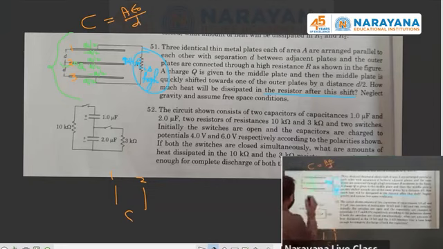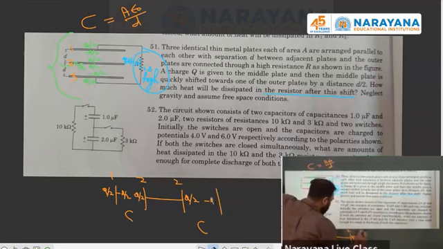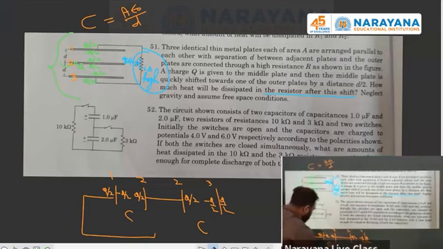So what was its charge? 1 has got a charge of minus Q by 2 inside, and 1 has got something outside also. Let it be. And then there is another 2, which has got a Q by 2, which is forming a capacitance C, minus Q by 2 with 3. 3 is also having Q by 2 outside. And then this resistor is present here. So, the circuit is like this.